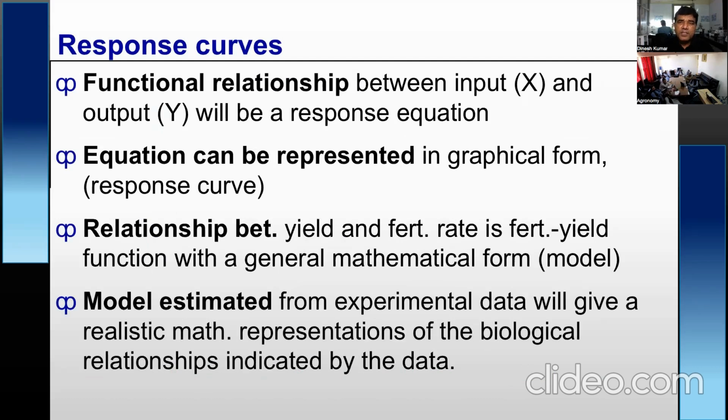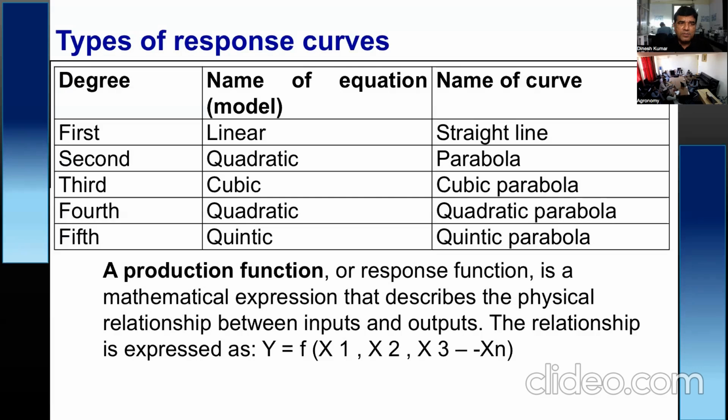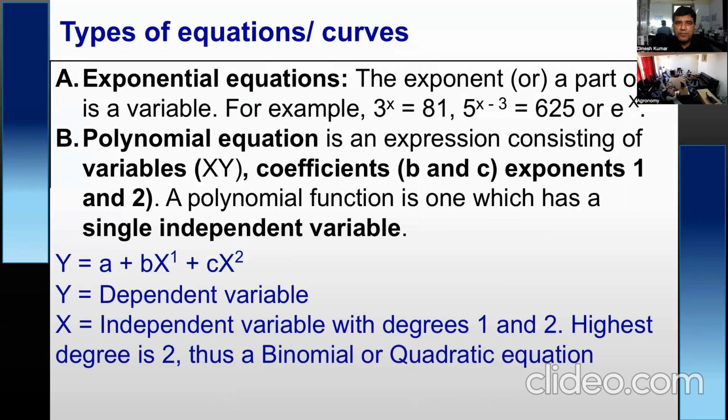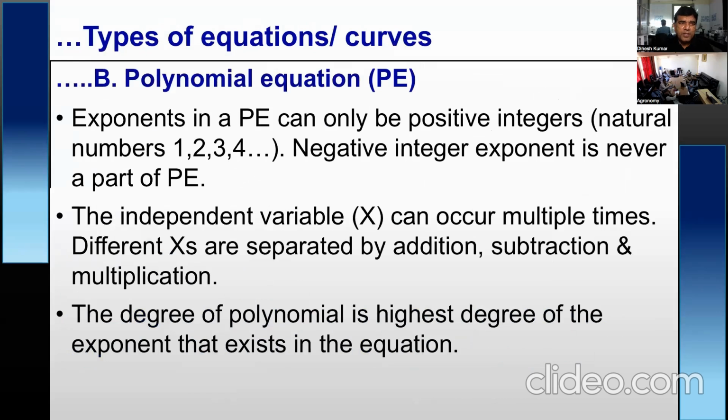I explained to you these equations are called production functions or response curves. So I gave you information about different kinds of equations, and these equations result in lines. These equations are also called models. I've shown you different models, and you have seen two kinds of equations, exponential equations and polynomial equations.